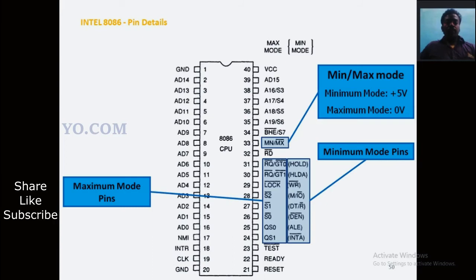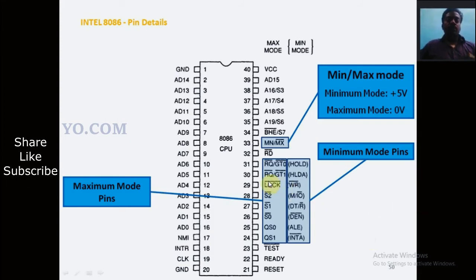Similarly, RQ/GT1, pin numbers 31 and 30, are used for request and grant signals, which are maximum mode signals. The next one is the lock signal. The lock signal is used to lock the external bus, the system bus. The external hardware sometimes uses the system bus, like the hold signal.